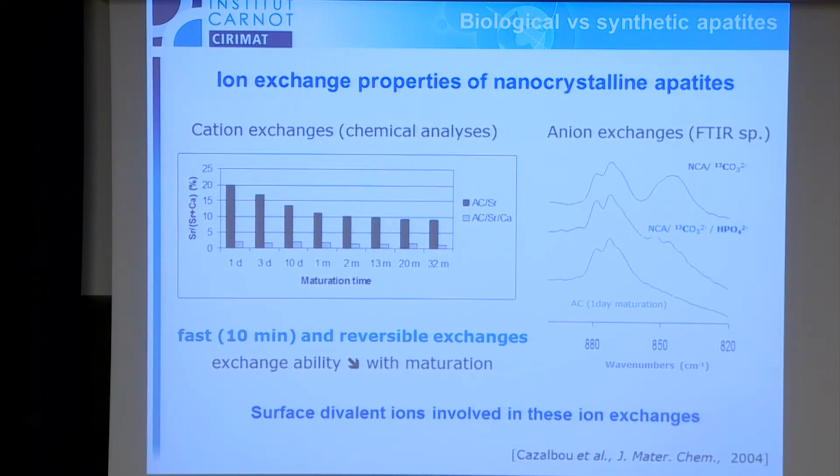But a small amount of strontium still remains irreversibly fixed, incorporated in the apatite. This exchange with strontium and then with calcium is fast, less than 10 minutes, and it's reversible.